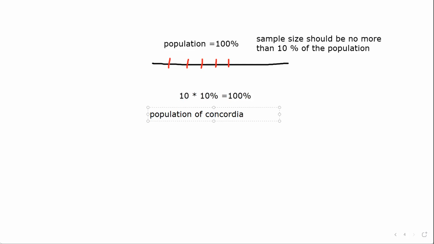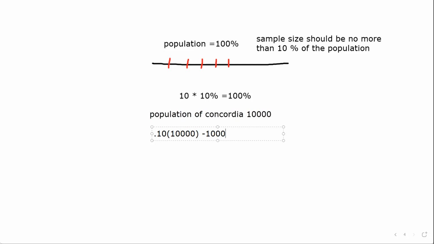What is 10% of 10,000 people? You can do that with your calculator. It would be 1,000, right? 10% of 10,000 would be 1,000 people.